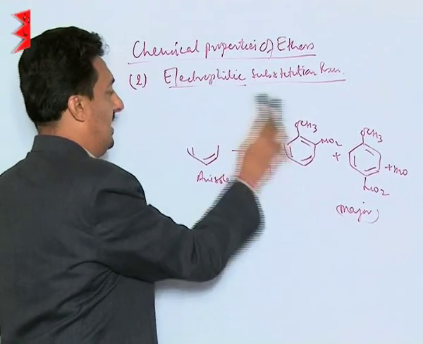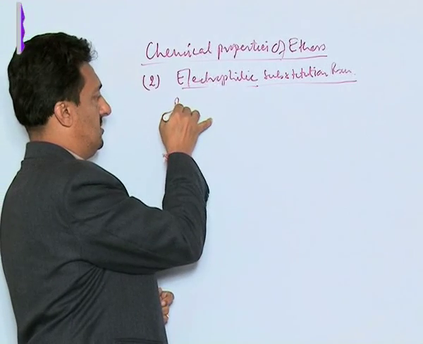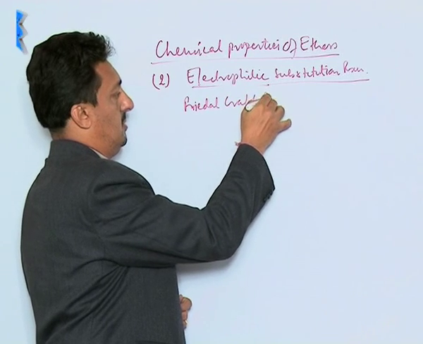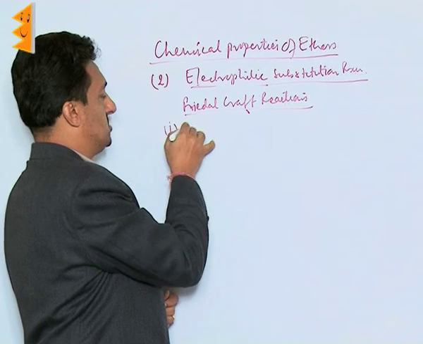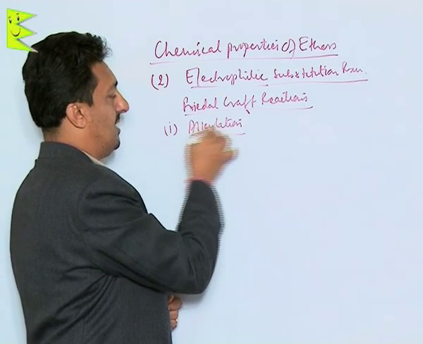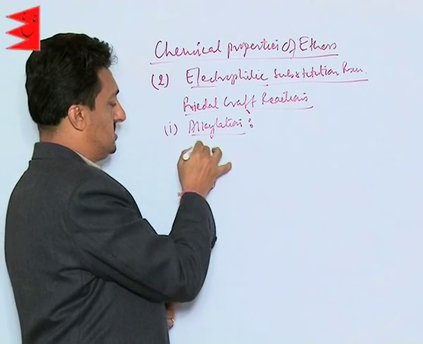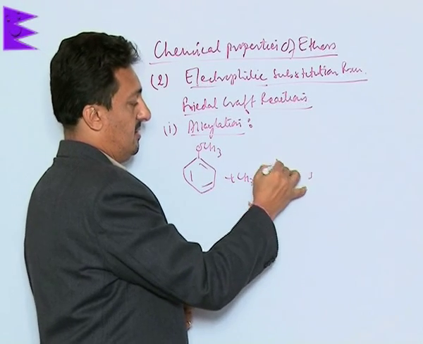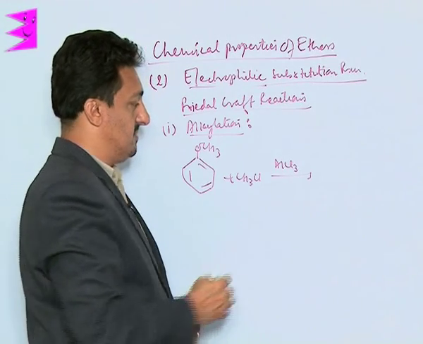Then let us see the Friedel-Crafts reactions. The first one is alkylation. In alkylation, we treat this with methyl chloride in presence of anhydrous aluminium chloride.